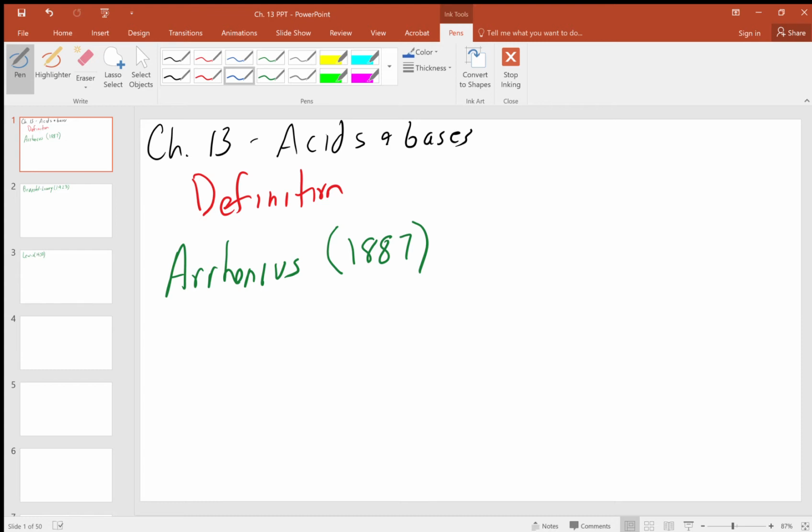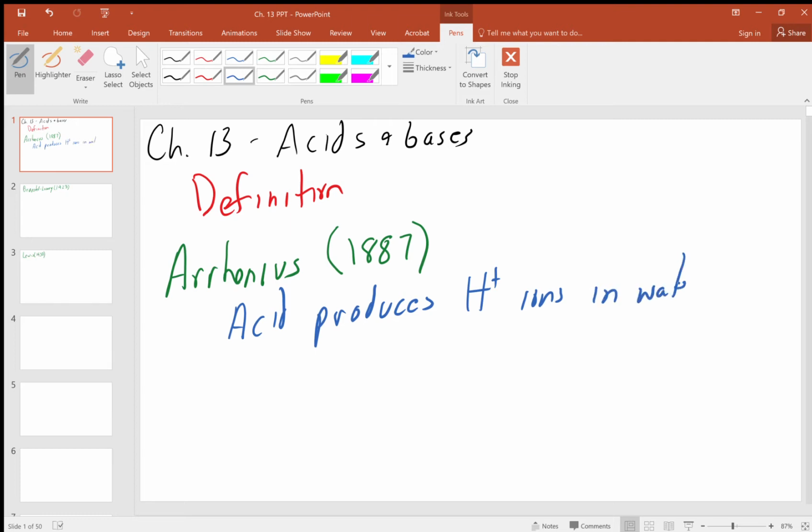So the Arrhenius definition is that an acid is a substance that produces H+ ions in water. And a base is a substance that produces hydroxide ions in water.